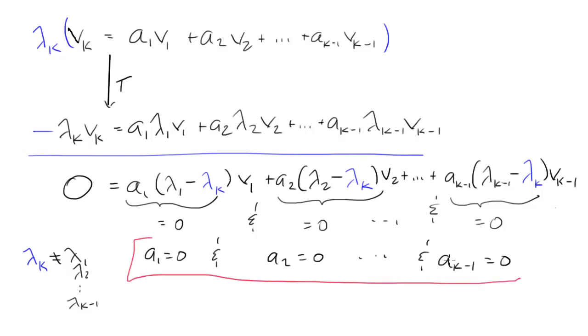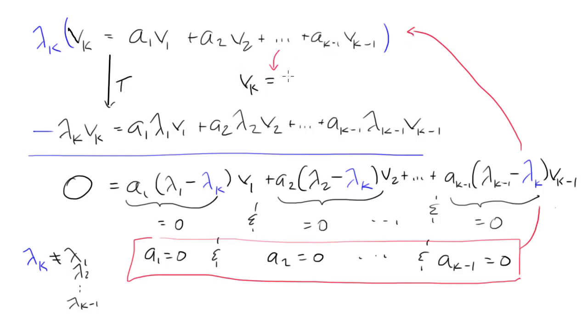Plug that into the definition of vk, and vk is the zero vector. That's crazy talk. Eigenvectors are non-zero. Thus, the original list must be linearly independent.